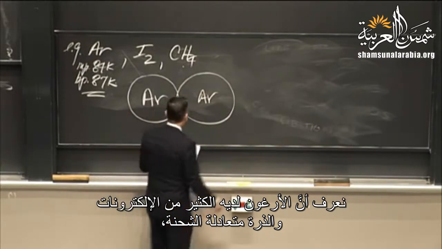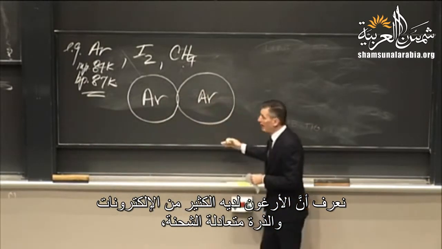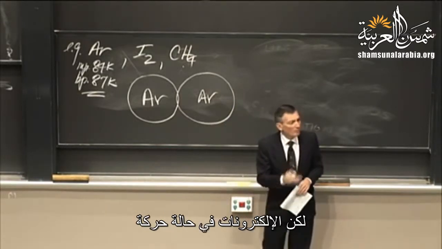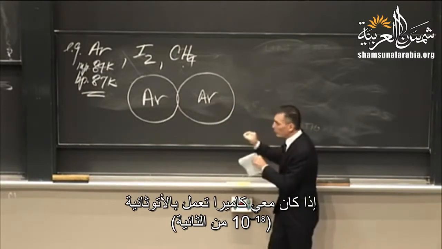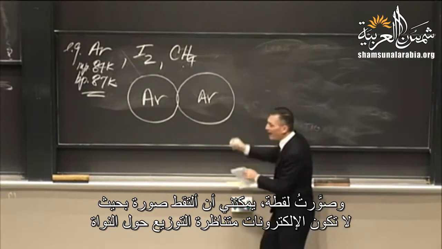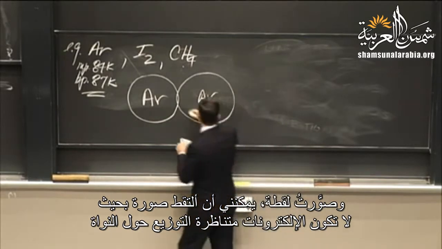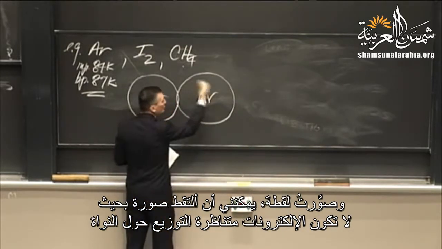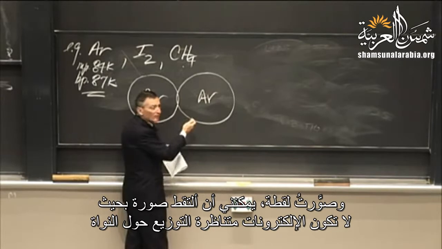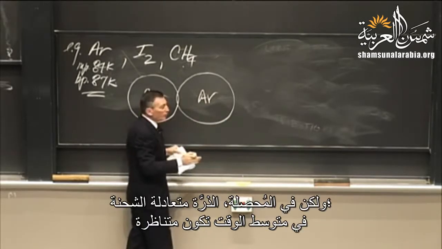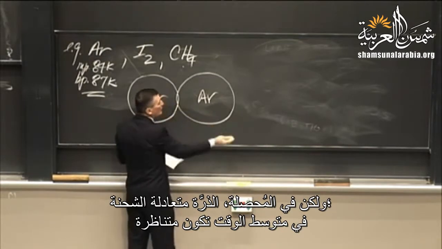So we know that this has a lot of electrons, and the atom is net neutral, but the electrons are in motion. And so if I had an attosecond camera and I went in here and I went snap, I could catch a freeze frame where the electrons aren't symmetrically distributed around the nucleus. The atom is in constant fluctuation, but net neutral. Time average is symmetrical.